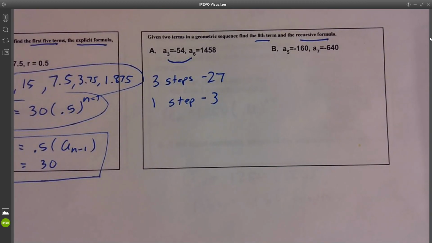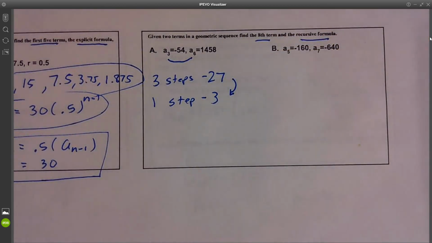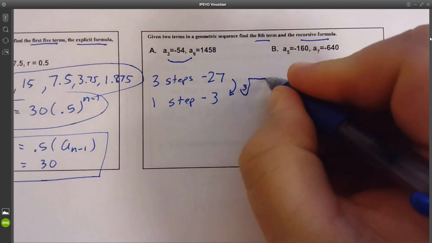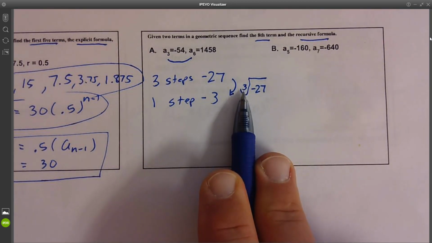Because -3 times -3 times -3 is -27. Another way of considering it is I need to figure out the third root of negative 27. Where did this 3 come from?